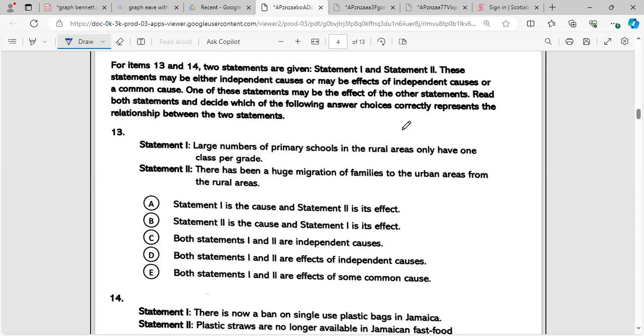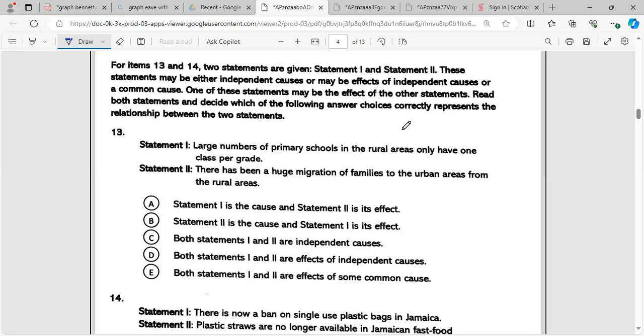Let me hear a counter argument, if any, please. Yes, sir. Disagree. All right, Aiden, let us hear the counter argument. Statement 2 is the cause and statement 1 is the effect.